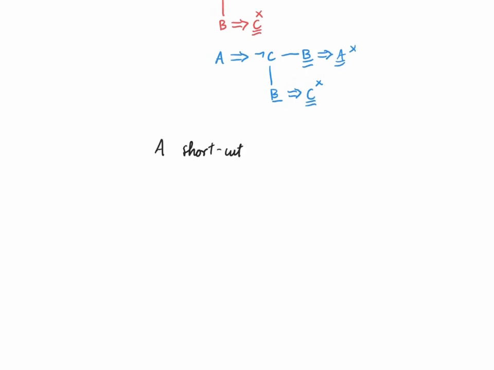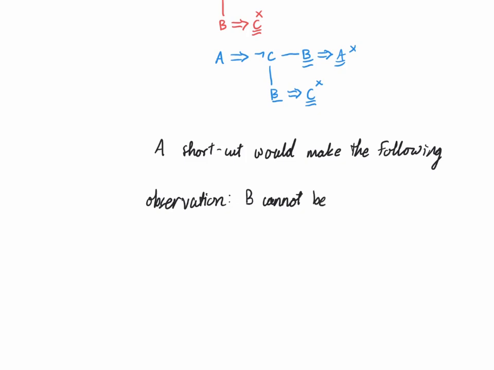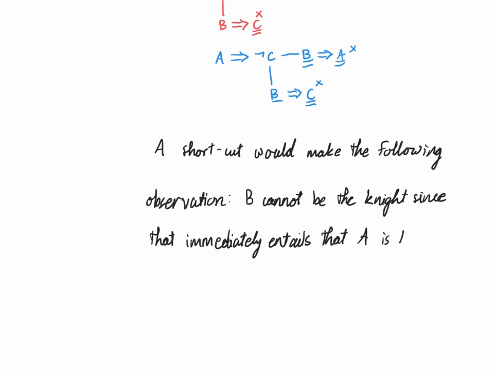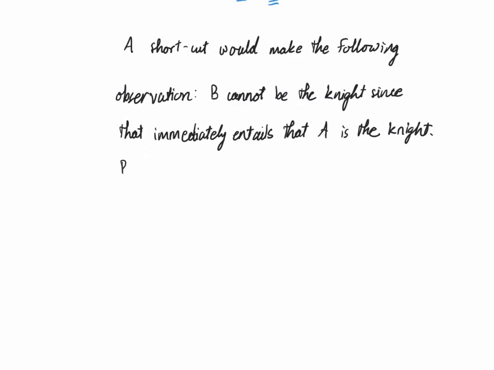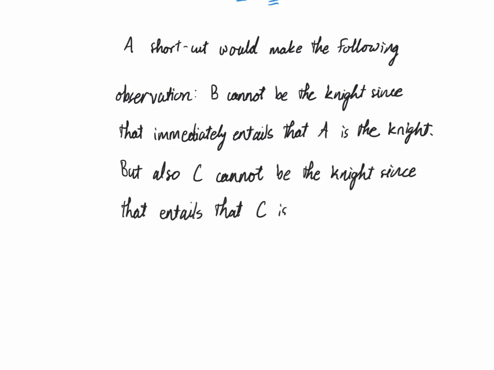But now let's see a little shortcut that would let us get to the same result a bit faster. It comes from the observation that B cannot be the knight, since it would have to be telling the truth about A being the knight. So B's not the knight. Also, C cannot be the knight, as we've already seen a couple of times, because then it would be telling the truth about being the spy.